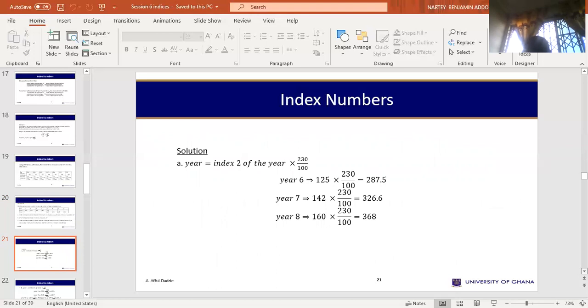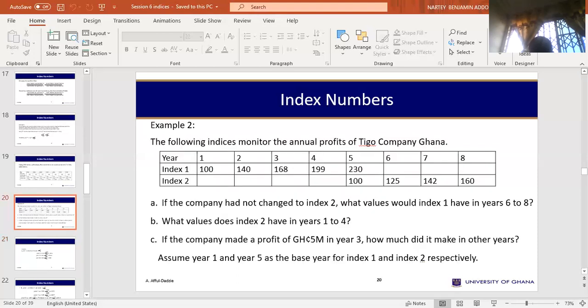So 230 over 100, and 125, 142, 160. Let me see where the 125 is. Okay, so the 125, 142, and 160 are the indices for index 2 for year 6 to year 8.